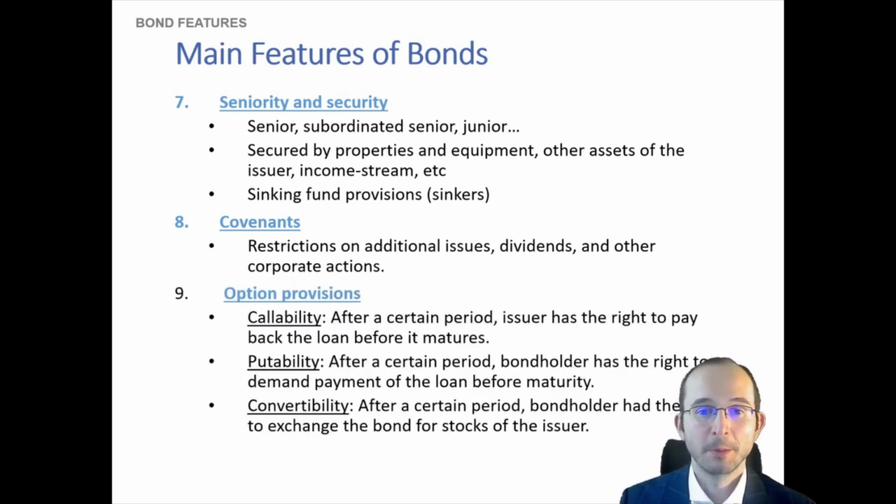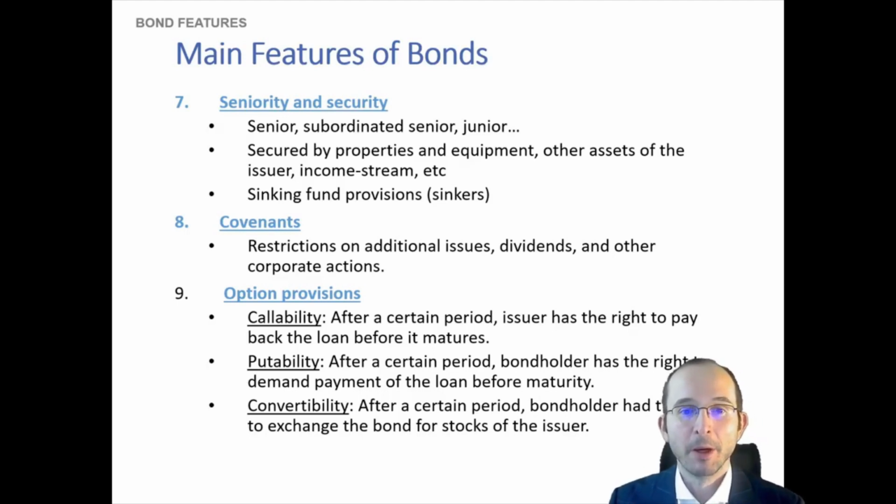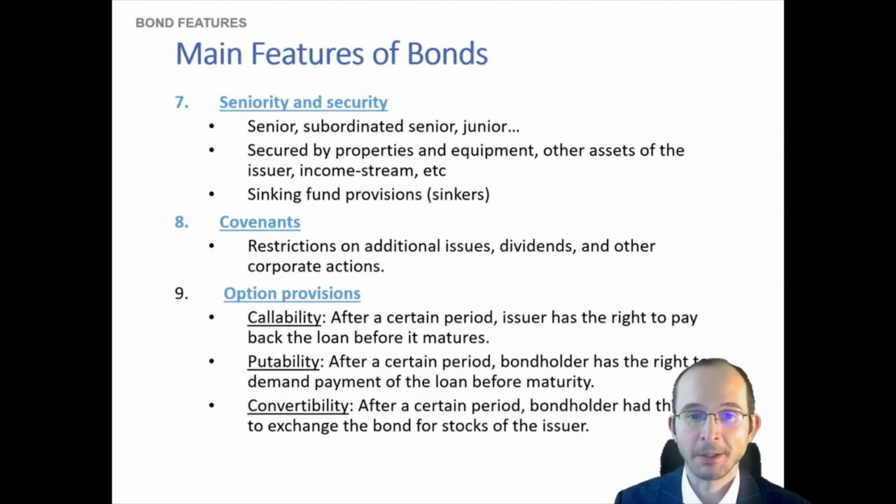And an important dimension of bonds that might actually affect both the investor and the borrower is option provisions. Now, we talked about some of these in the financial assets lecture, but to review, callability is an option that the bond issuer, the borrower, has.